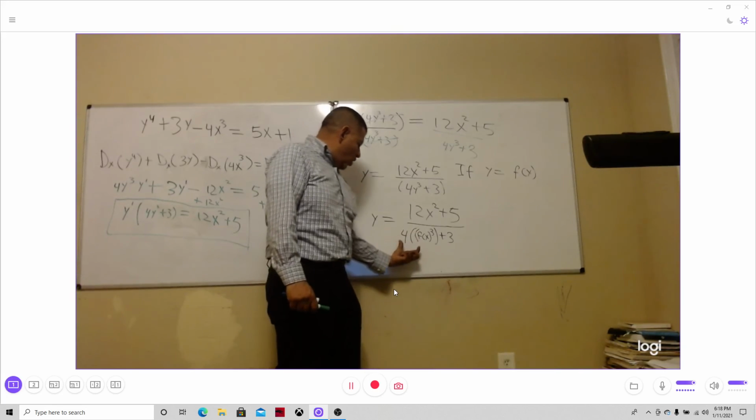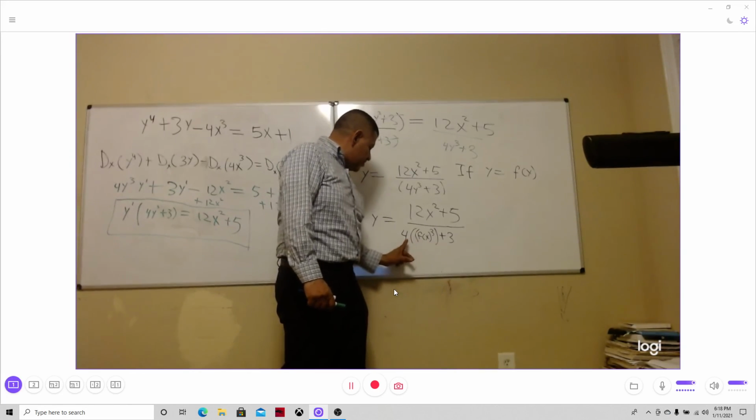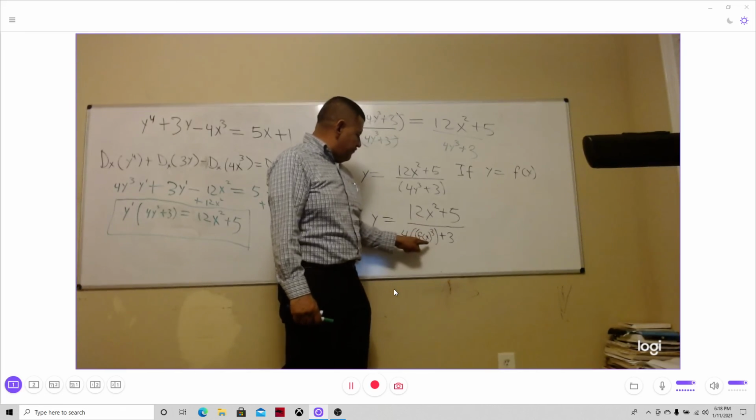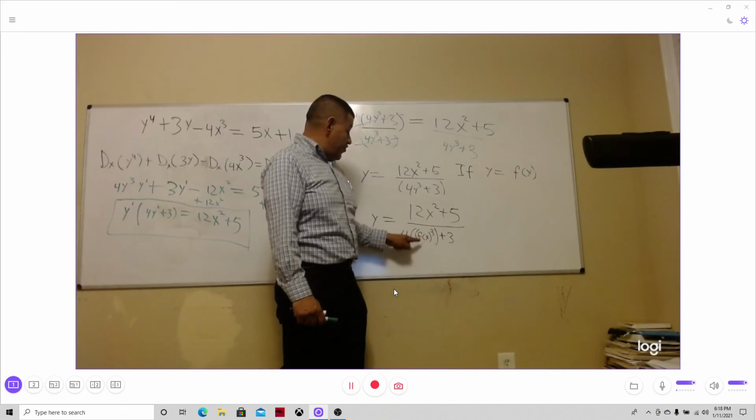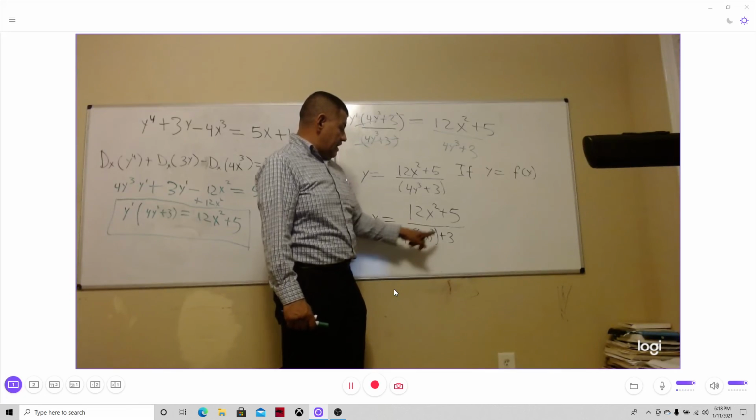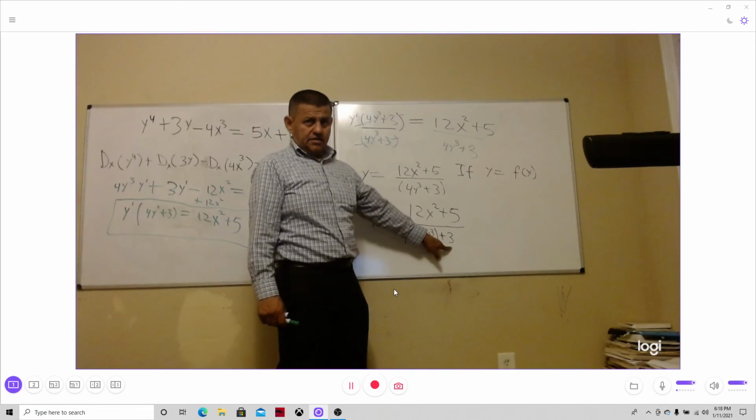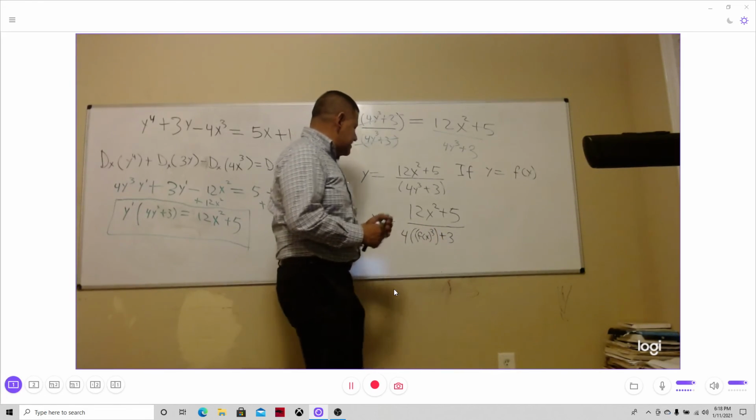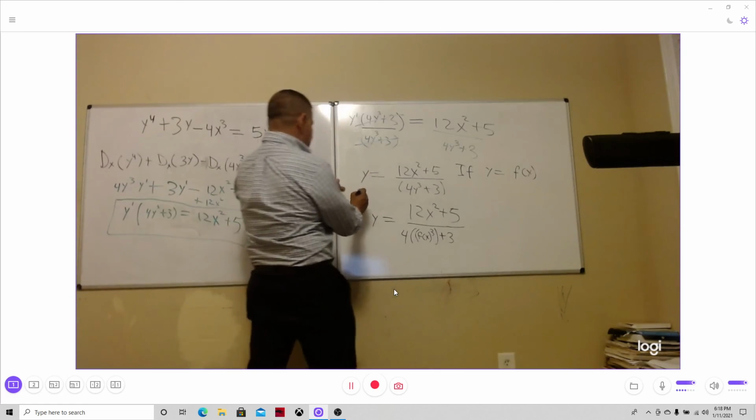And all this factor, 4, is multiplying those 3 functions to the third power and plus a constant, right? So that is the answer for this example.